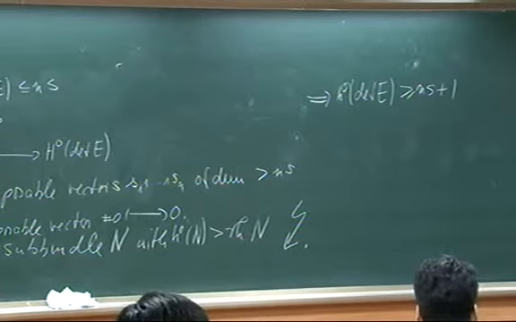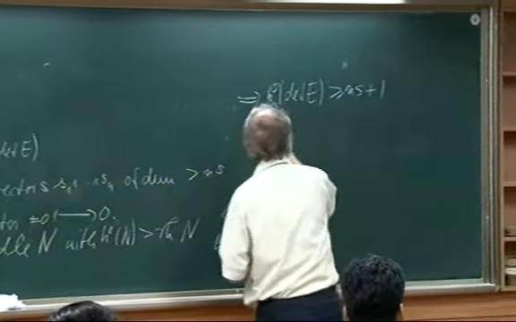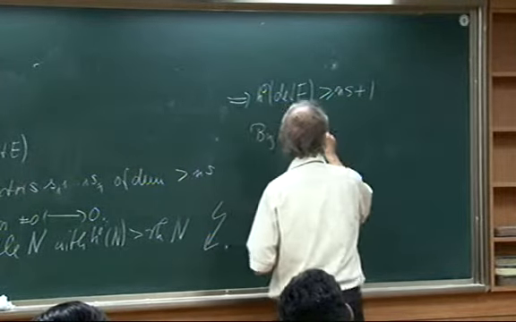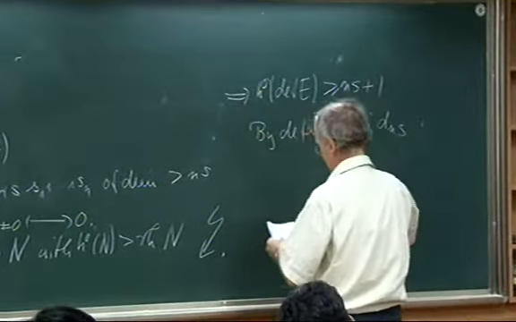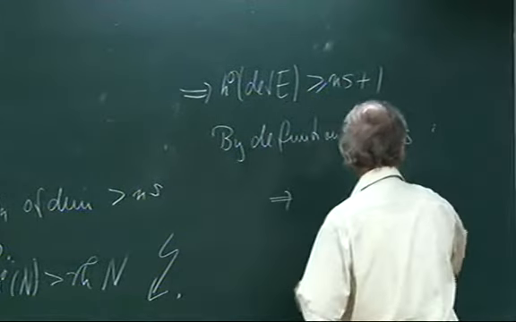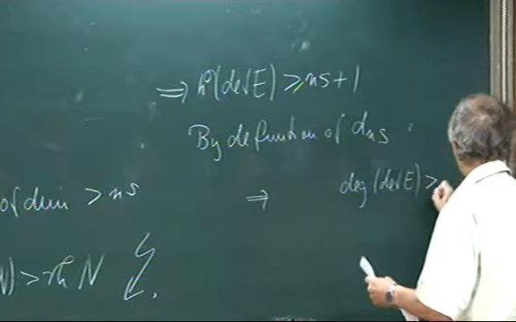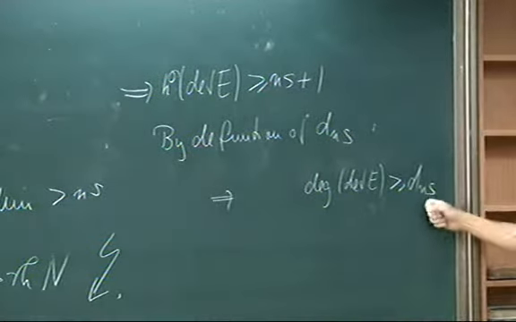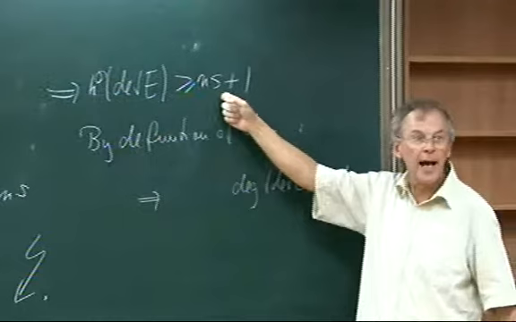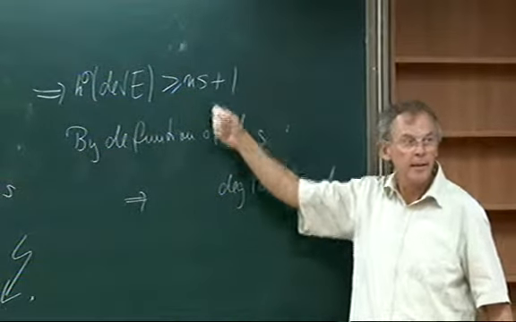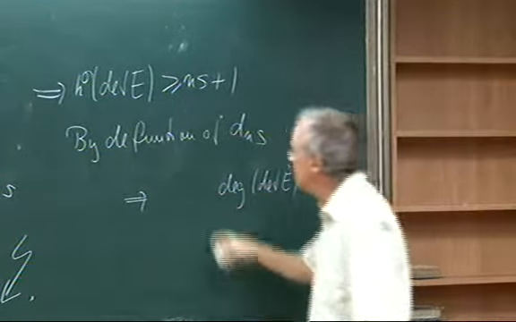So this means that the degree of det E, by definition of dns, this means that the degree of the determinant of E, this line bundle, is greater or equal to dns, because dns was the minimum number such that H0 of a line bundle has so many sections, right? So the degree of this is greater or equal to dns, but the degree of the determinant is the degree of E.